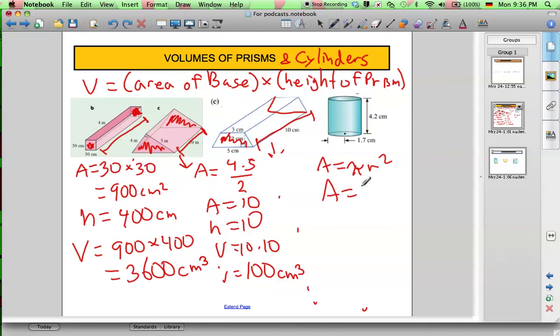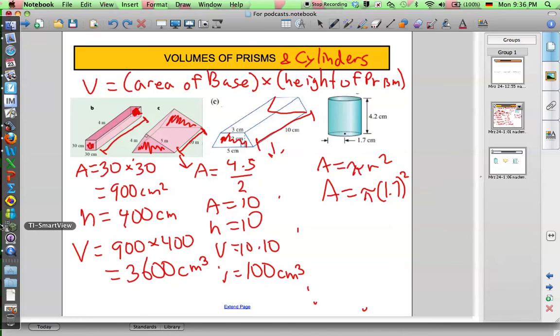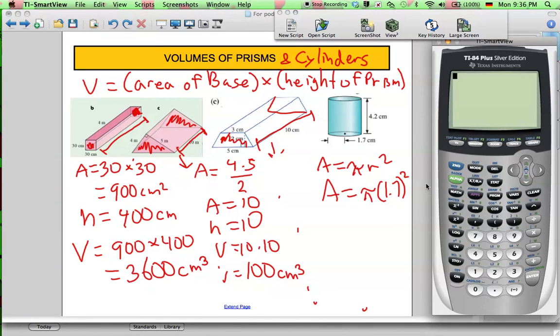In this case, our radius is 1.7, so it's pi times 1.7 squared, which, if we do 1.7 squared, equals 2.89.